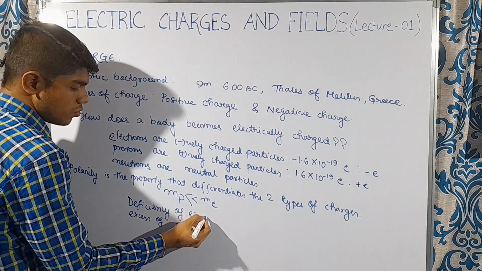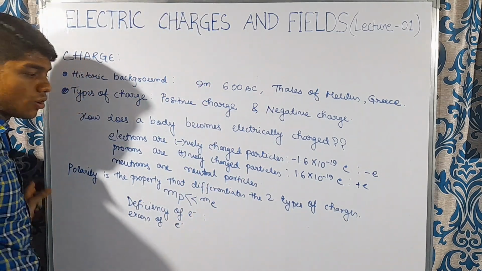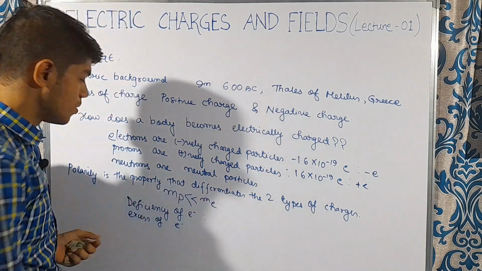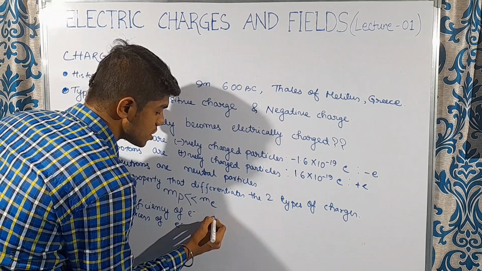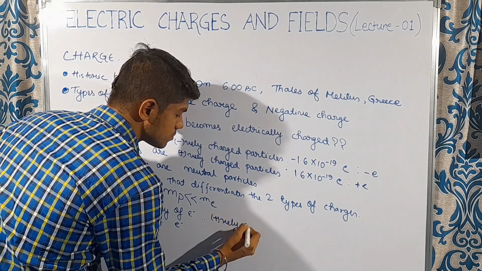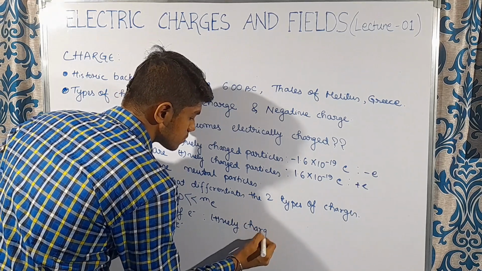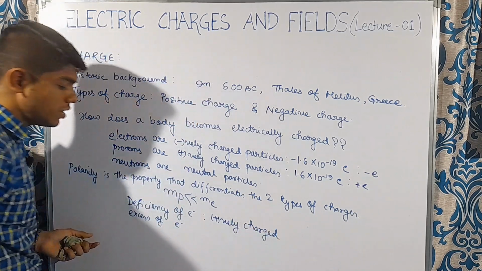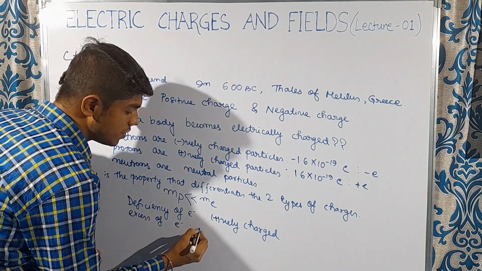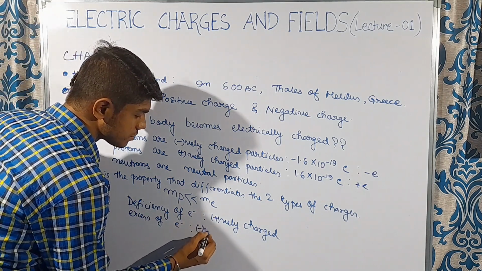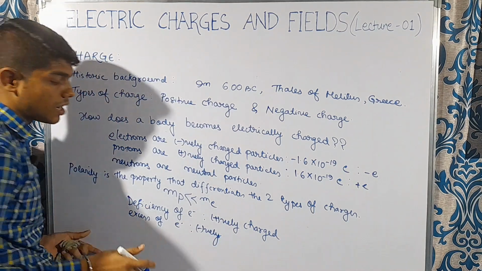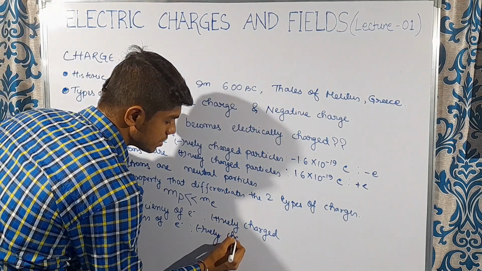The body which has a deficiency of electrons has more protons now, so it will become positively charged. And the body which has an excess of electrons will become negatively charged, because here the number of electrons will become more than the number of protons.